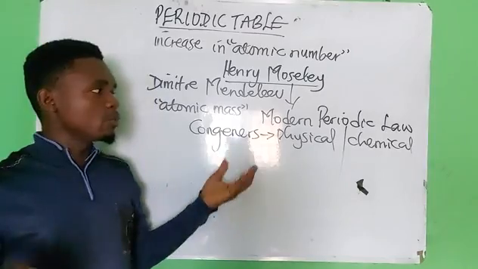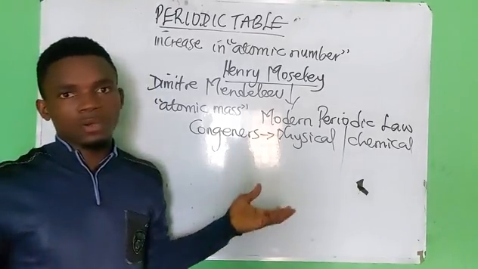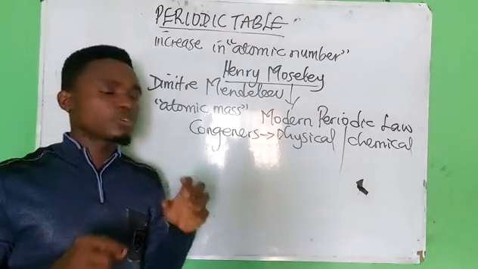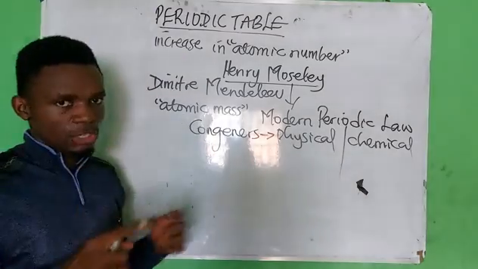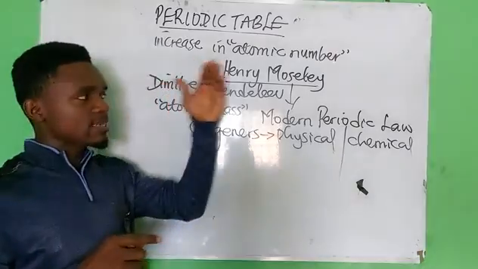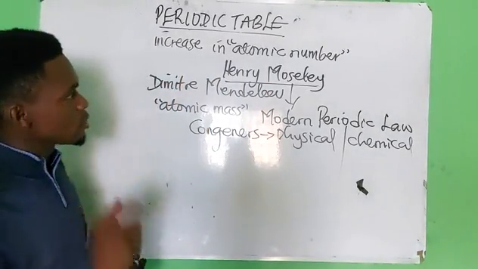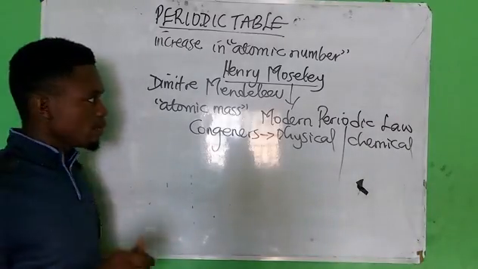If they have the same electrons in the outermost shell, that means that they are in the same position in the periodic table. It is very, very important.